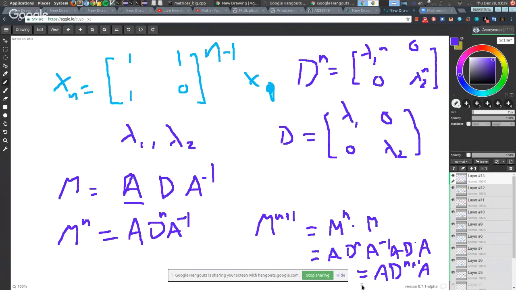So once we have this, it means that D to the power n is lambda 1 raised to the power n and lambda 2 raised to the power n, and so it's this guy here. After we multiply by A here and A inverse here, we just get some linear combination of these values.